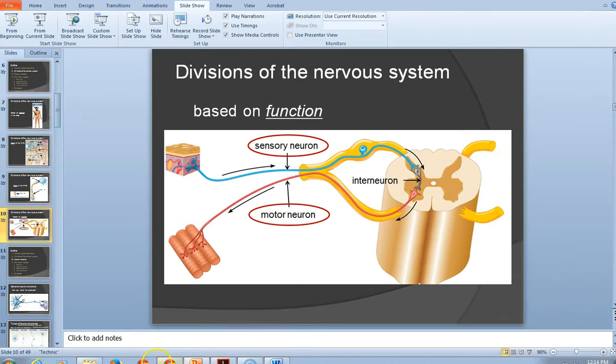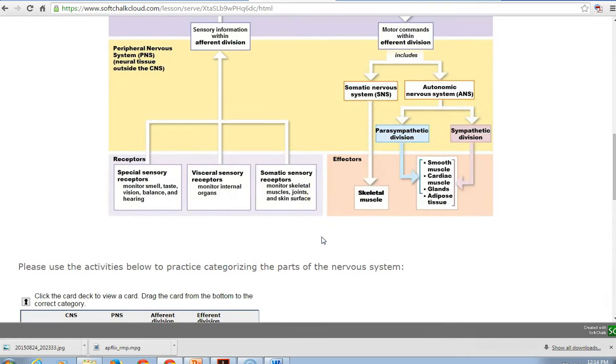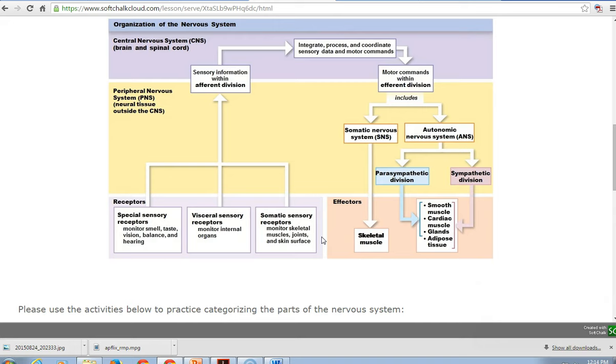Now there's actually a really great image. It's from your textbook on page 387, but it's also found in your homework here. This is again showing the divisions based on function, with the arrows. The sensory information is all of the parts here, and the motor is all of the parts here. Now notice that we can subdivide. There are 3 different branches of this sensory information, based on what type of sensation is coming in.